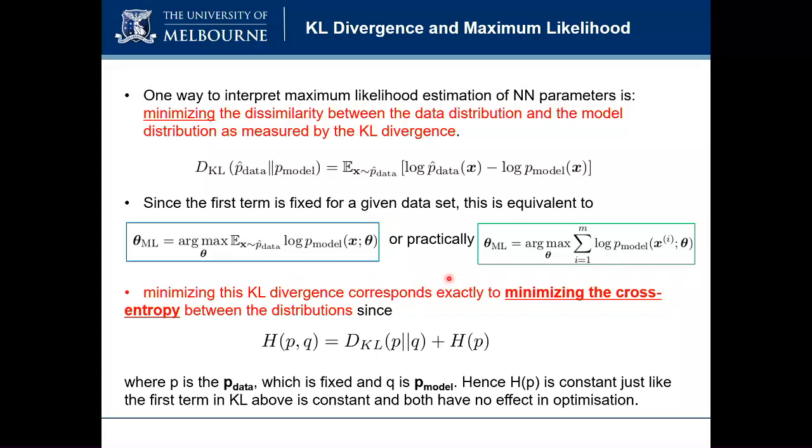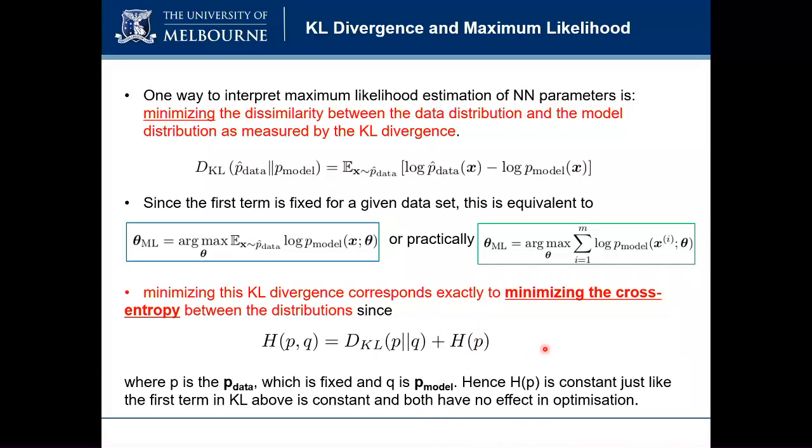So actually there's even one more connection. Minimizing this KL divergence also corresponds exactly to minimizing the cross entropy between these distributions. Why? Because cross entropy, remember, is KL divergence plus the fixed H of P. But H of P is constant, like the first term in the KL here, so it doesn't have an effect in the optimization.